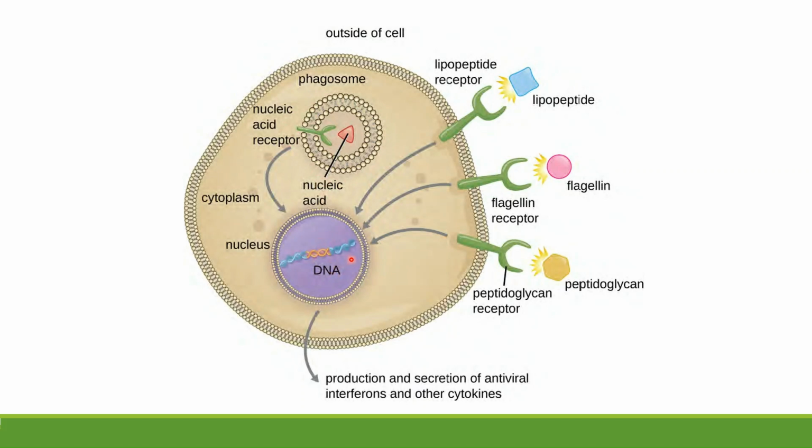We have certain PRRs that can recognize that nucleic acid with our nucleic acid receptor. It triggers the production of interferons and other cytokines that help to fight those viral infections. Each PAMP is essential for pathogen survival, so these are pretty reliable, consistent products that can be recognized.